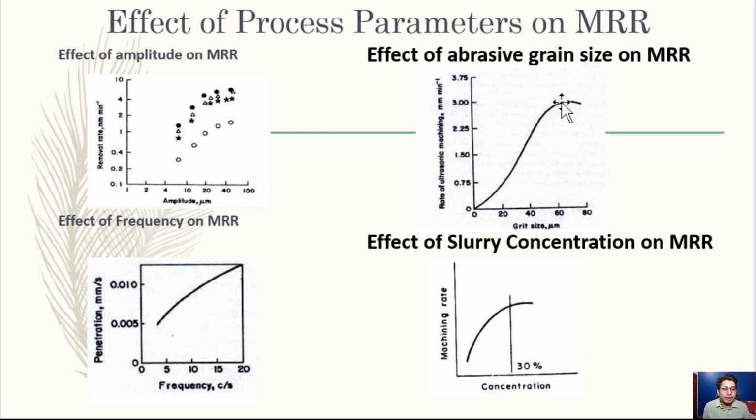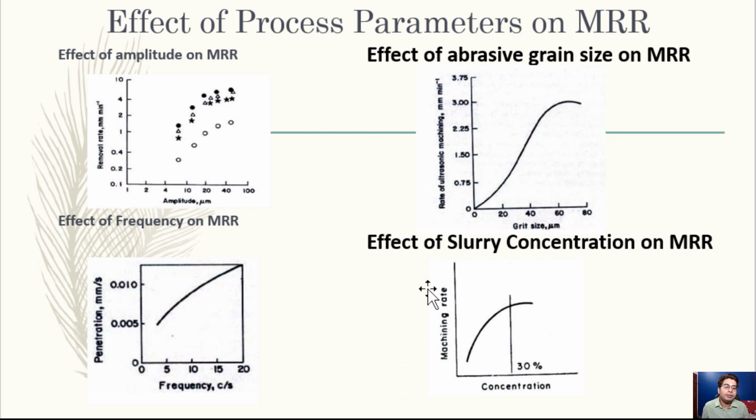After a certain size of the grit, the impact will remain the same, or due to the higher size of the grit, the material coming at the later stages might impact on the abrasive grits themselves, so the material removal rate may decrease after a certain point.